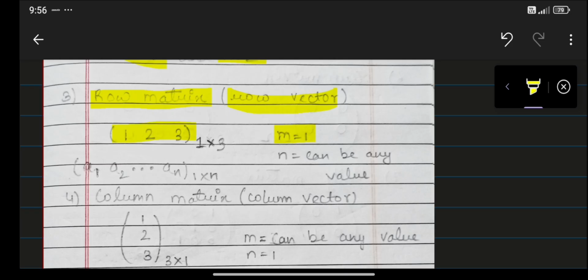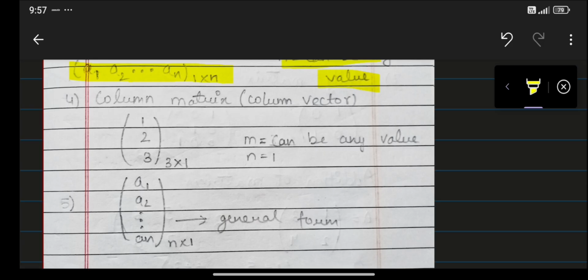Here our number of rows is 1, right? So any matrix which has a single row is a row matrix or a row vector, and the number of columns can have any value. It may be 3 as given in this case, or any other value, right? So this is a general representation of a row matrix, a1 a2 and so on till an, where n can be any positive integral value.